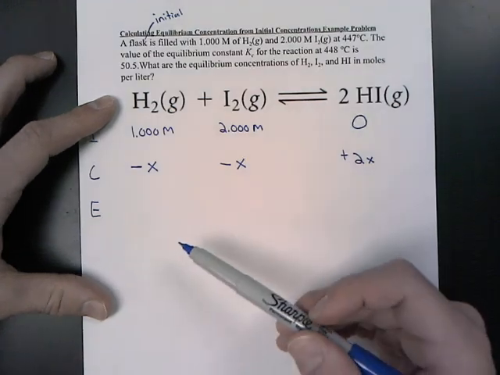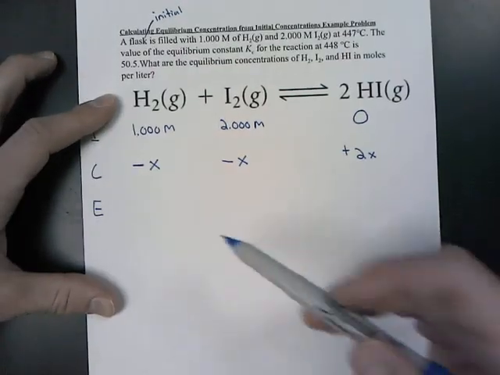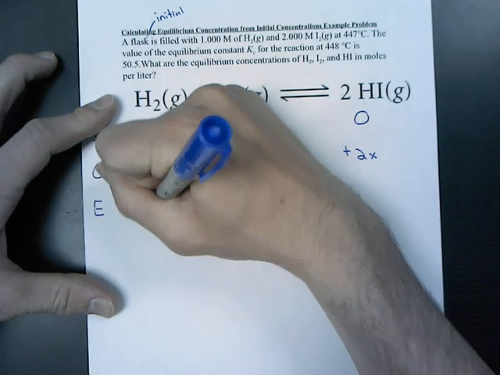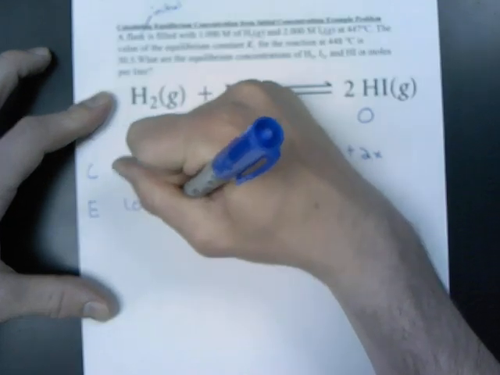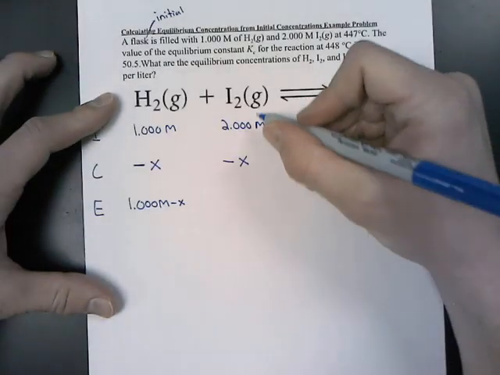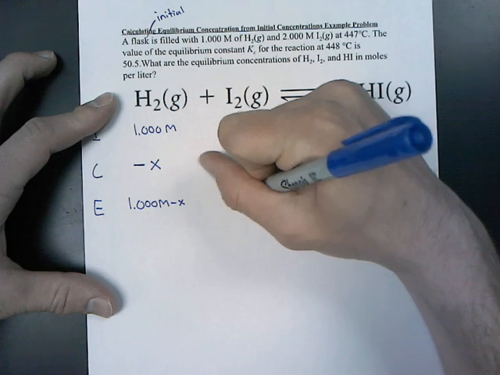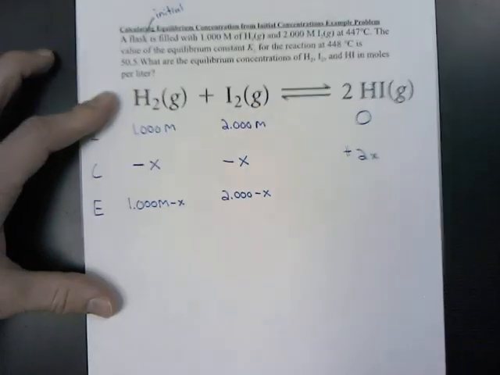So now we get down to at equilibrium. At equilibrium, our H2 is 1 minus x. At equilibrium for I2, we have 2 minus x.